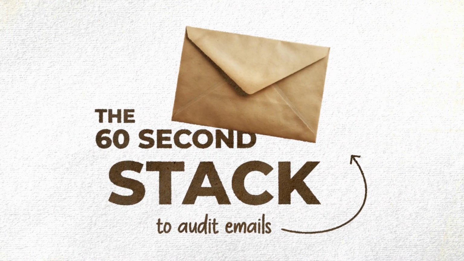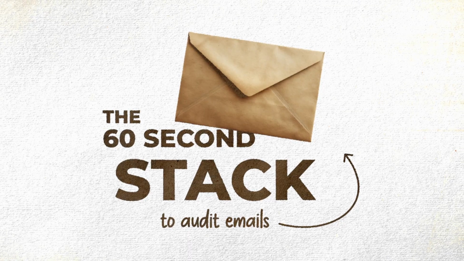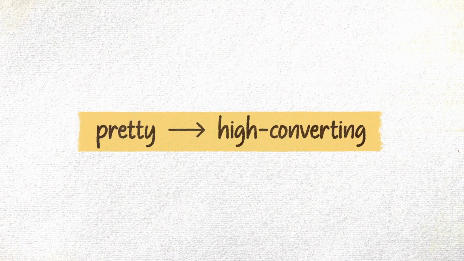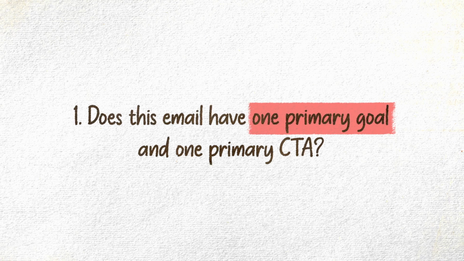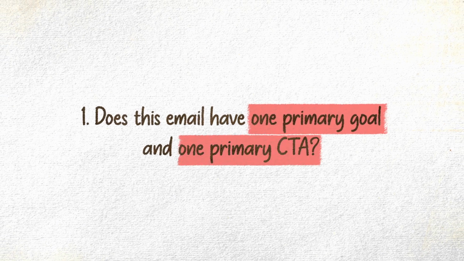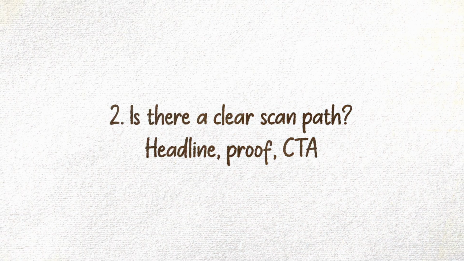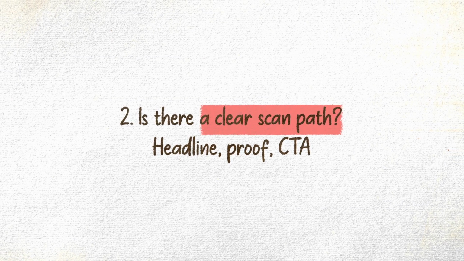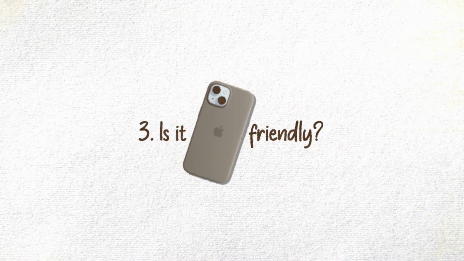All right, to wrap it up before I get into showing you a couple of email examples and what doesn't work and what works, I want to give you the 60-second test that you can use to audit any email to take that email from pretty to high converting. Ask yourself these questions when looking at your email. 1, does this email have one primary goal and one primary call to action? 2, is there a clear scan path, a headline, proof, and a call to action? 3, does it work on mobile?